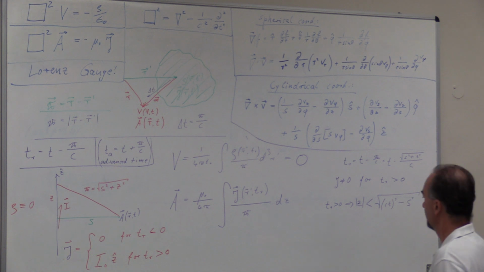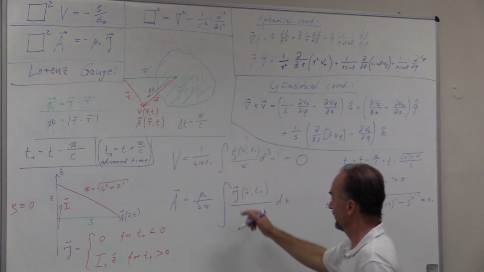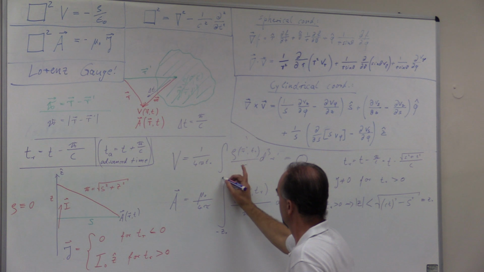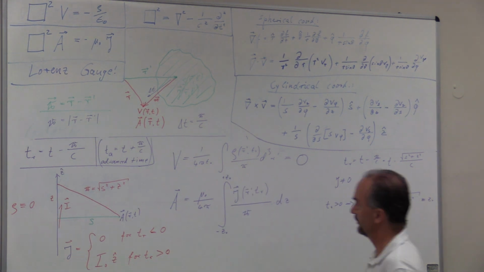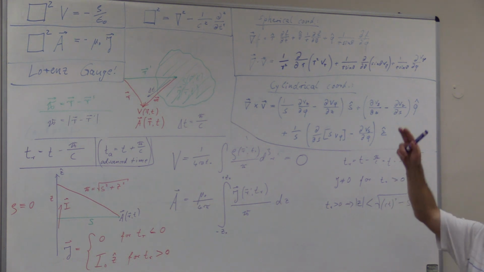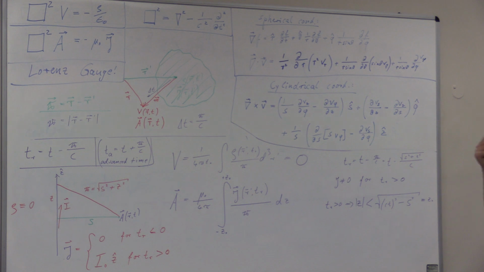So that means you go, let's call this z naught. The integral where we actually get the contribution is from minus to plus this z naught. Beyond that, the retarded time is less than 0. You look too far into the past, so that the current isn't being switched on. Okay, good.